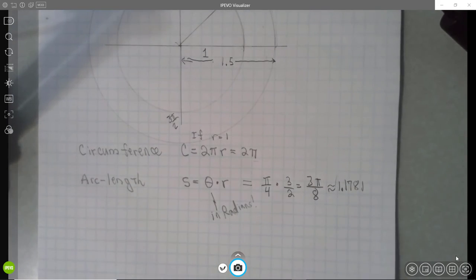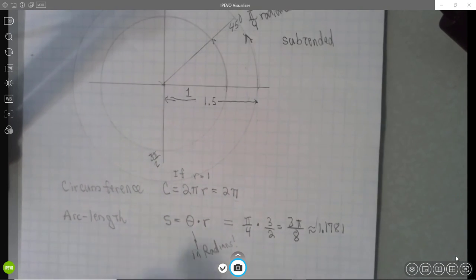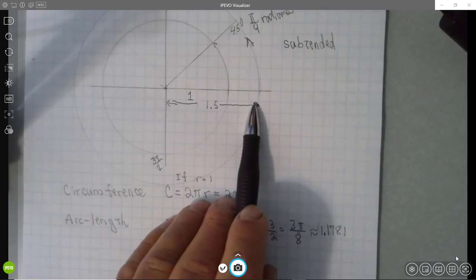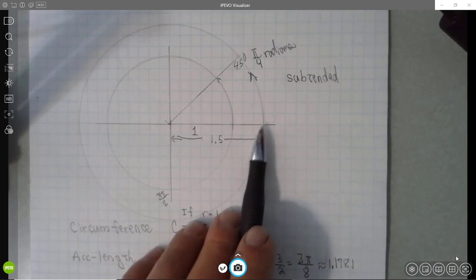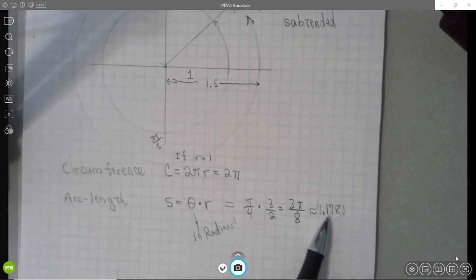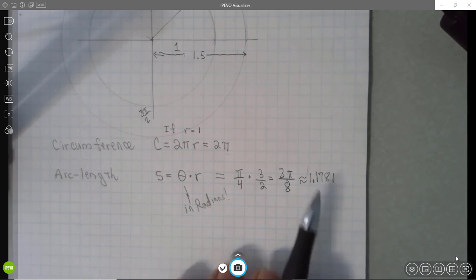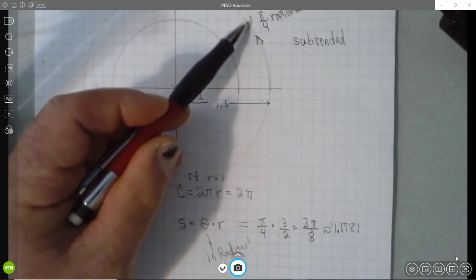Now, a natural question would be, what are the units? Well, we don't know because I didn't specify. But if this were, as in the previous example, actually a road, and this were 1.5 miles, then this distance would also be in miles. It'd be about 1.1781 miles along this arc right here.